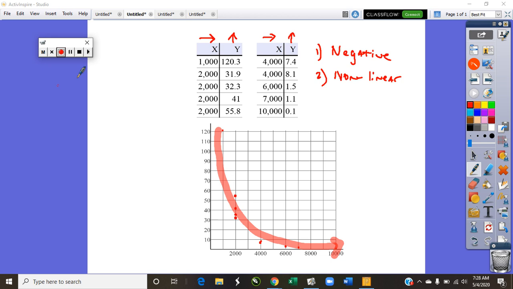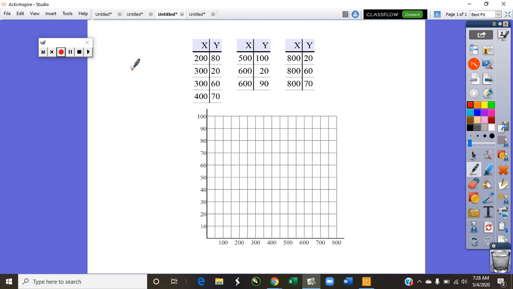Okay, let's move on to the second example. On this one, let's go ahead and do our graph first. We'll do this one in blue. All right, so remember, x is going to be over, y is up, over and up. Over 200, up 80. Well, looks like I'm over 200, and so my first point should be about right there.